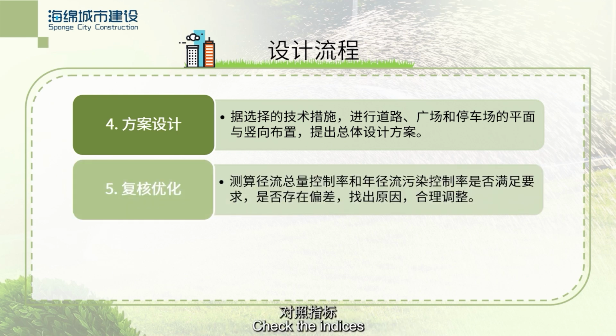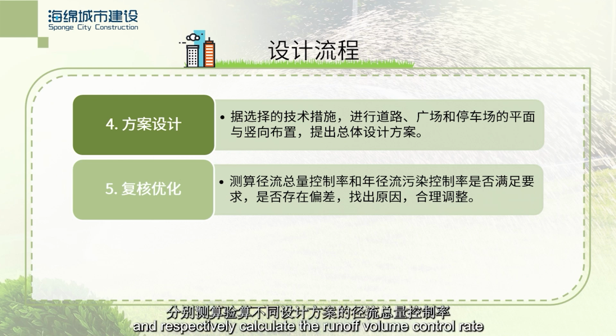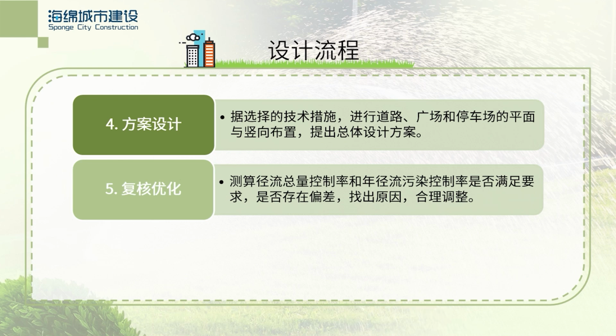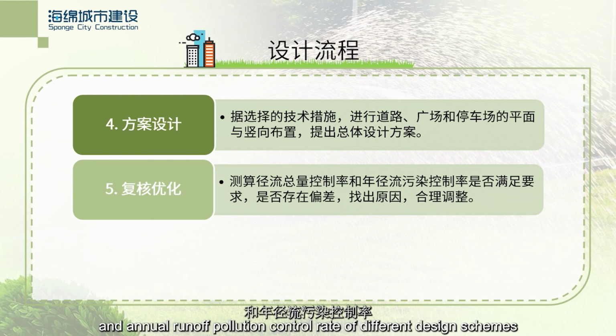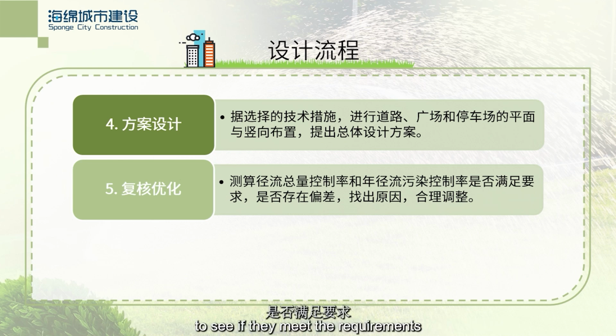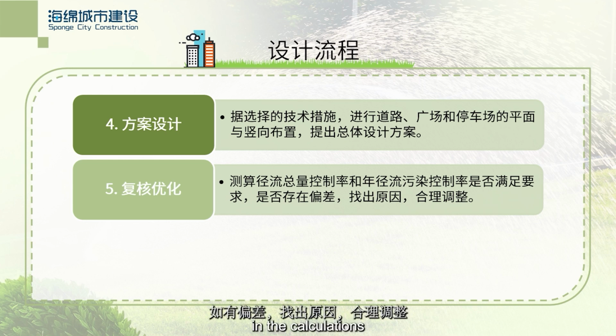Check the indices, and respectively calculate the runoff volume control rate and annual runoff pollution control rate of different design schemes to see if they meet the requirements. Identify and adjust any deviations in the calculations.